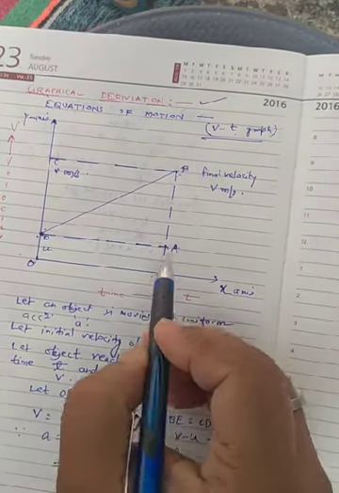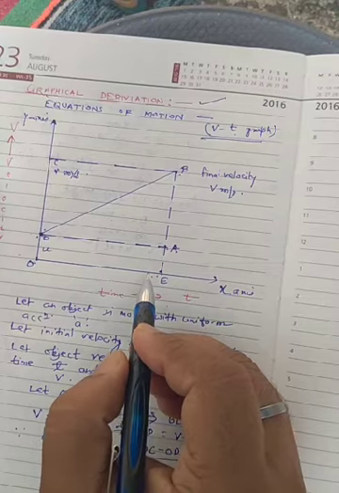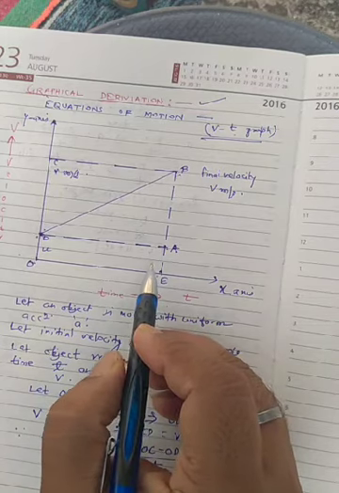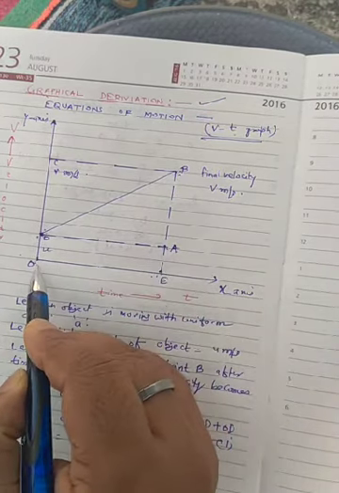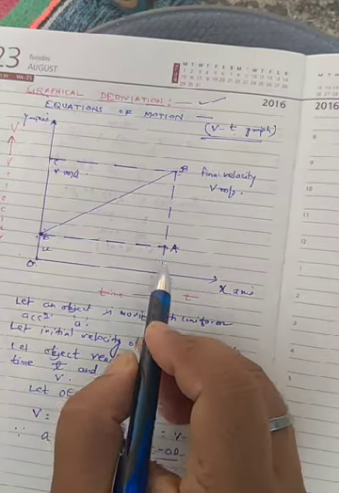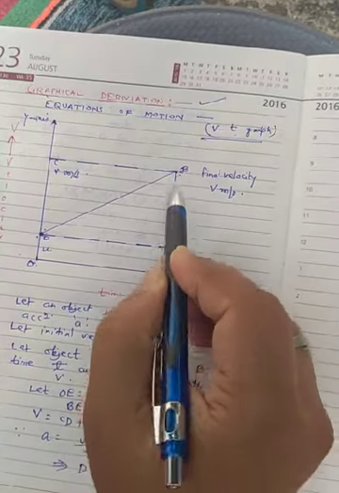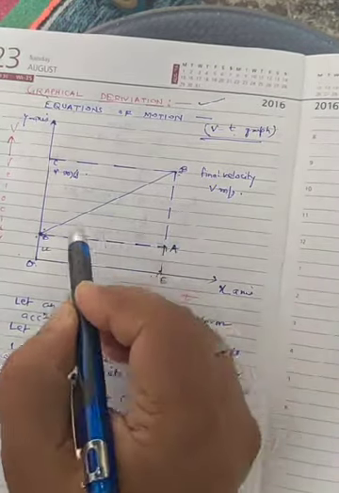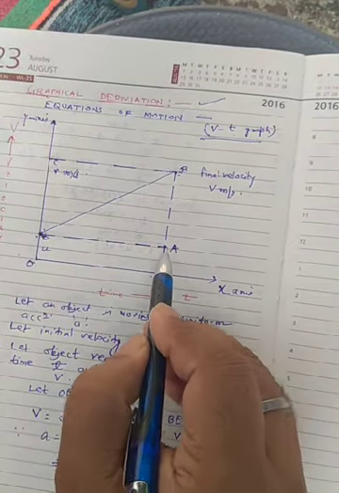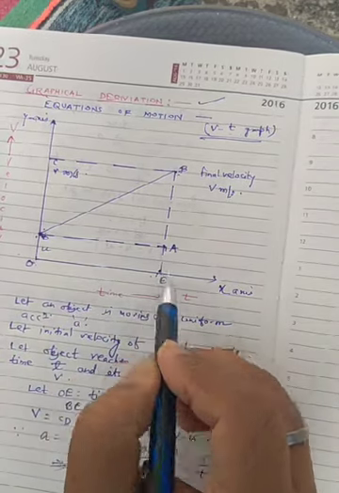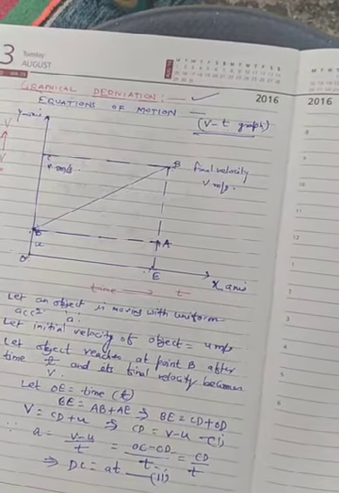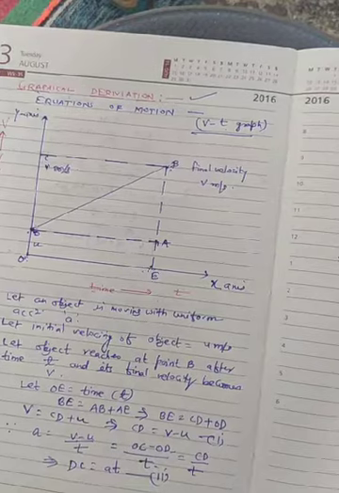So this trapezium contains two geometrical figures. First is this triangle ABD, and the other one is rectangle ADOE. So students, I hope you have understood this much.